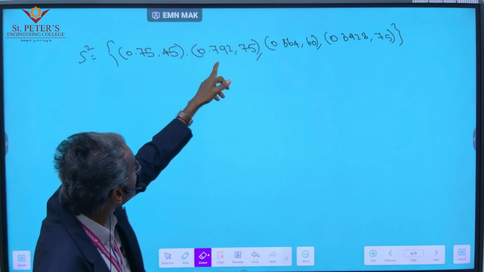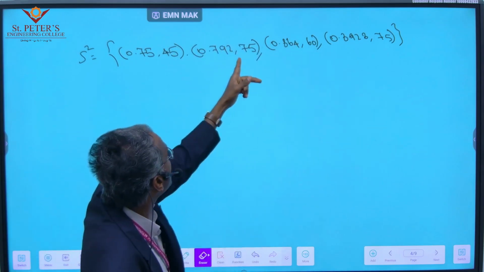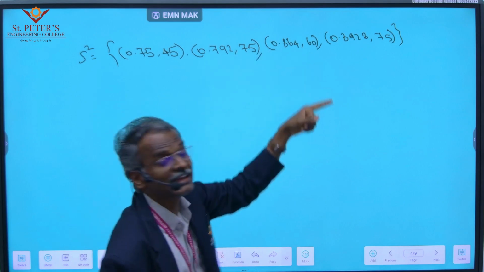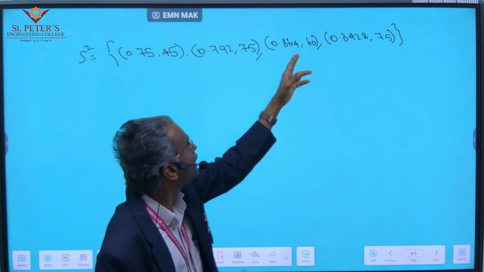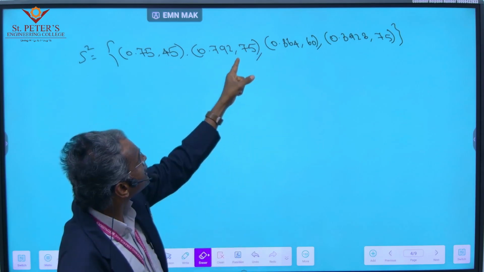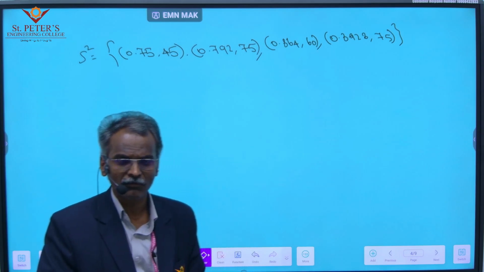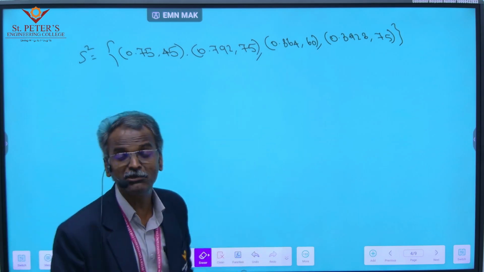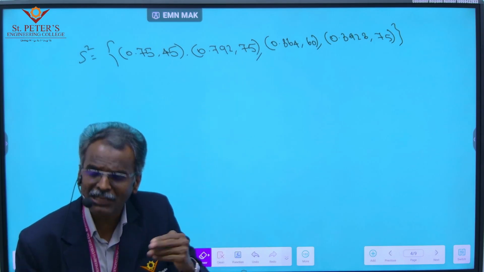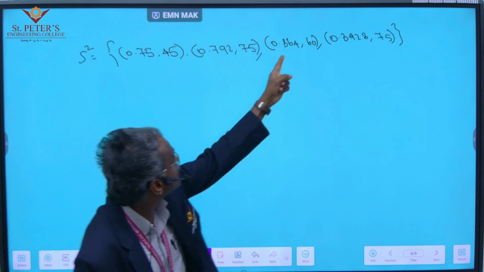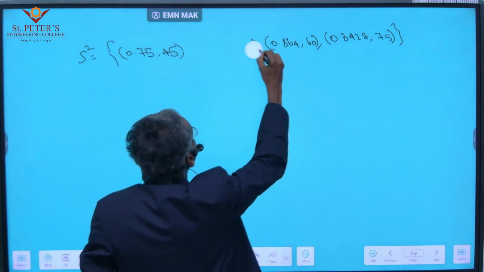Then cost 75 to 60, it is decreasing. Cost is 75, cost is 60. Which one is good for the system? With less cost, we are getting maximum reliability. With high cost, we are getting comparatively lesser reliability. This is good. Retain it. This is ruled out.